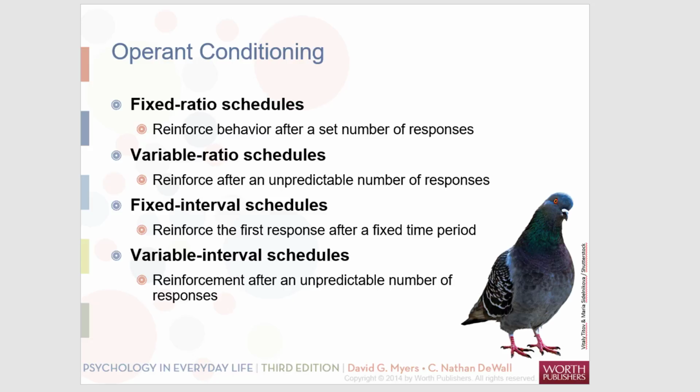Fixed ratio means the organism is reinforced for a fixed number of responses, such as every fourth time. A variable ratio means the number of responses varies. A fixed interval means the organism is reinforced after a fixed time. A variable interval means that the time varies throughout the conditioning process.